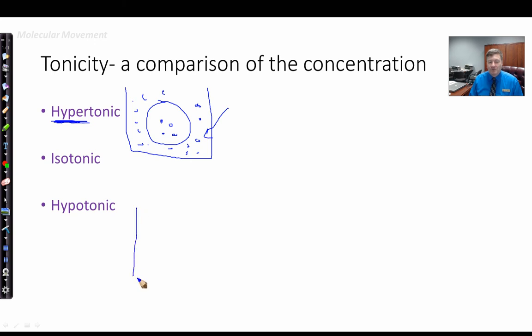Okay, we'll talk about what happens to water in a second. If I have another cell, and this cell's got quite a bit of stuff in it, stuff could be calcium, magnesium, sugar, salt, you name it. But outside, it's got very little, relatively speaking, then this solution is going to be hypo, meaning less tonic than the solution inside the cell.